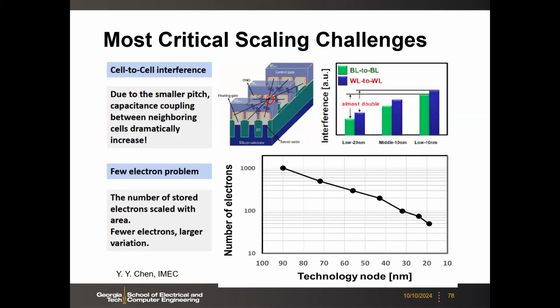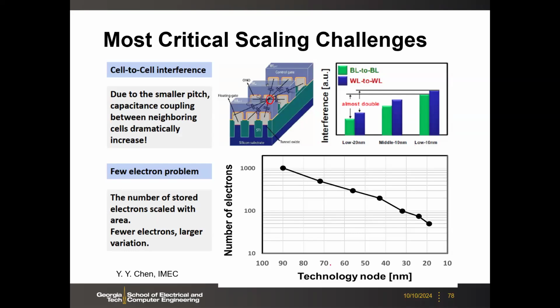So here we show the interference increases with scaling, and we will show you more details in the next slide. But this is the first challenge. The second challenge is this few electron problem. The number of stored electrons reduces, right? Because you only have like 10 nanometer or so floating gate area, the number of electrons you store there will reduce.